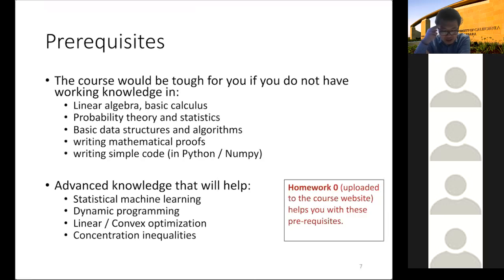Some of this advanced knowledge is first of all not required, but if you have taken previous courses, say on statistical machine learning, and have some experience with things like Hoeffding's inequality, the union bound, and Bernstein's inequality, it will help you. From the RL side, if you were previously a computer science major, you will be familiar with dynamic programming and Bellman equations and so on, which are going to be very helpful in this course as well.